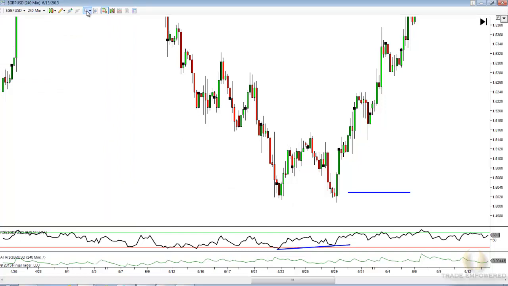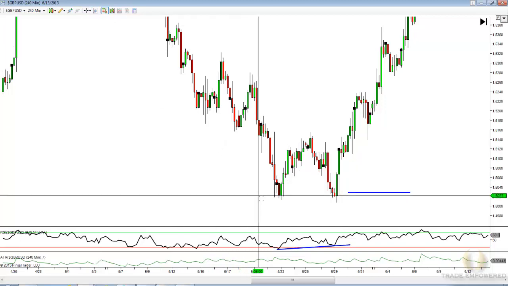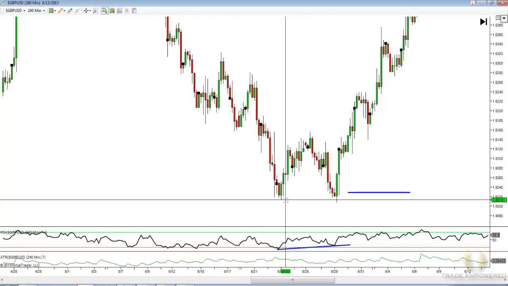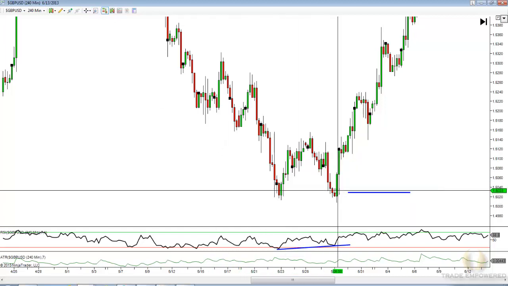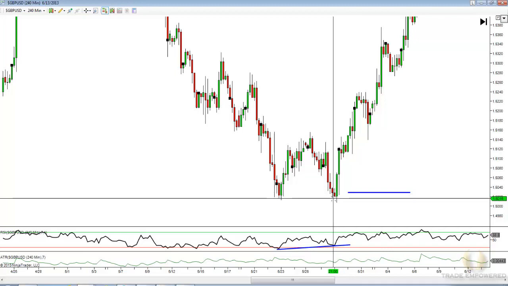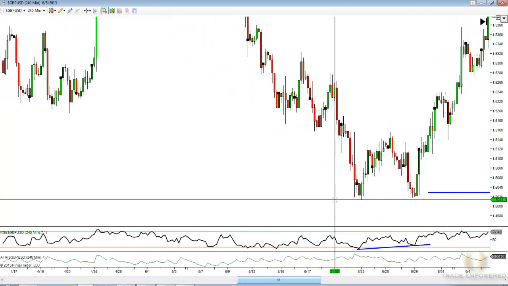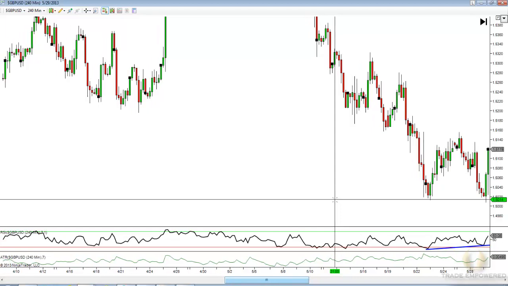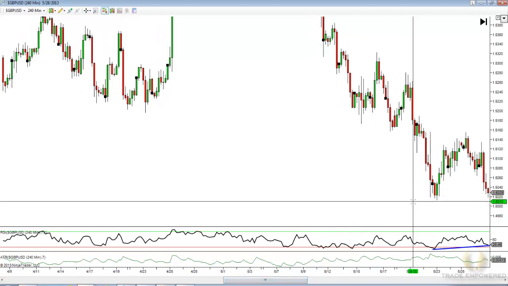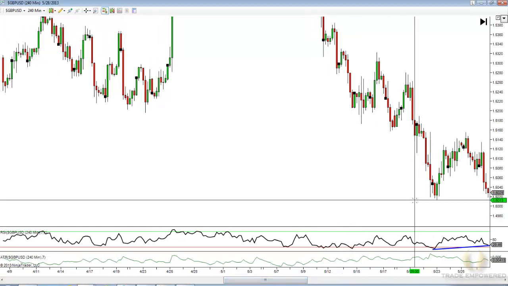I want to find my lowest point of the structure. And remember, this point actually didn't complete yet because we're buying as the market is about right there. So I take this point right here. I'm going to say 50.13 is my lowest low.